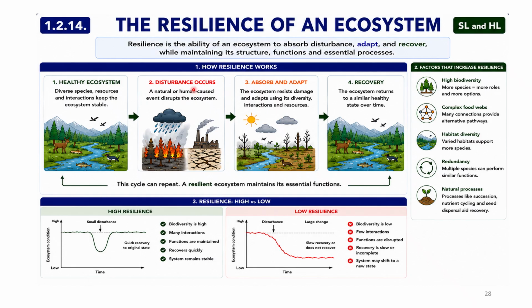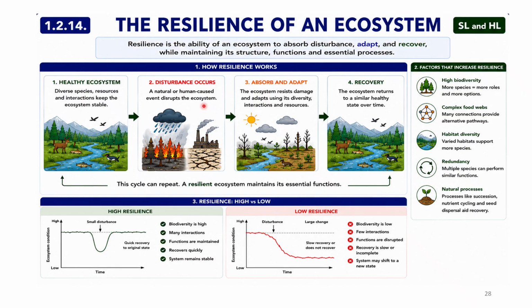Now, consider the concept of ecosystem resilience, which refers to an ecosystem's ability to absorb disturbances, adapt to change, and recover while maintaining its essential structure and functions. A healthy ecosystem, with high biodiversity and strong interactions among species, is generally more stable.